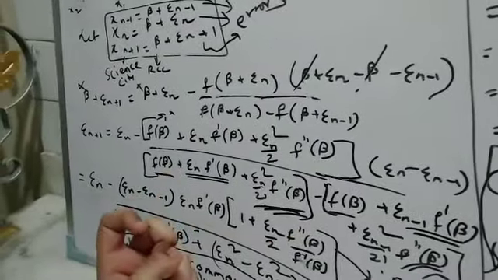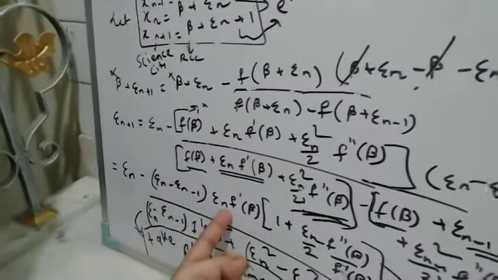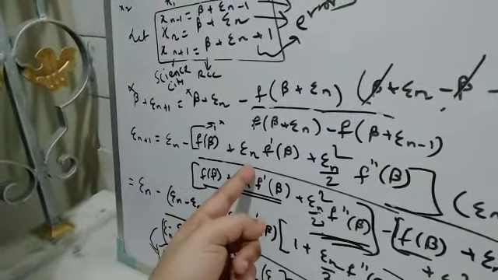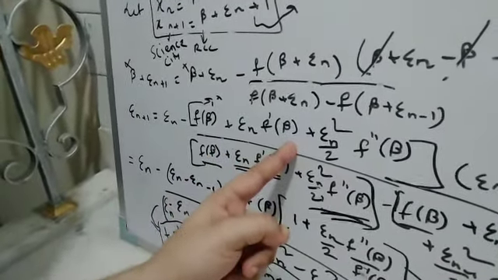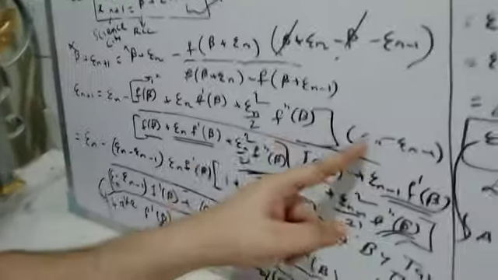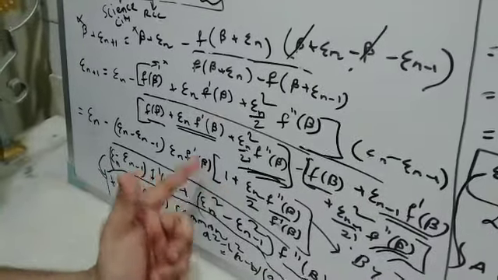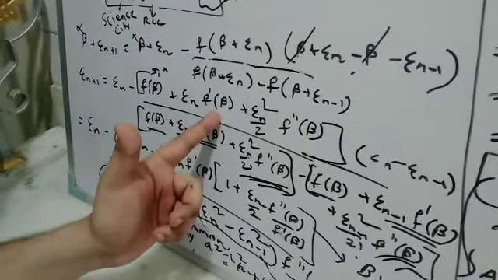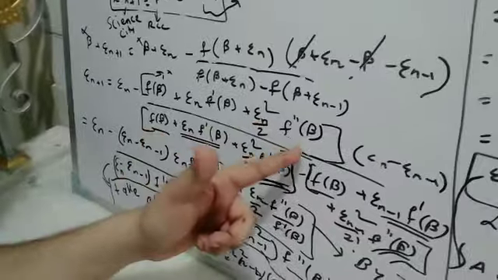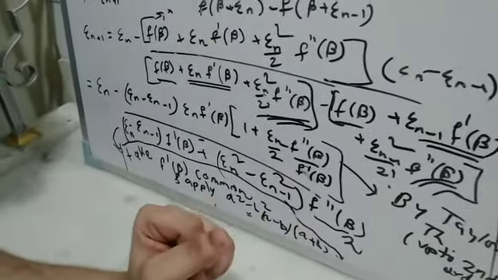What I have done here is, I have taken ε_n and f'(β) common, and since I have taken f'(β) common, this will go down here to adjust it.